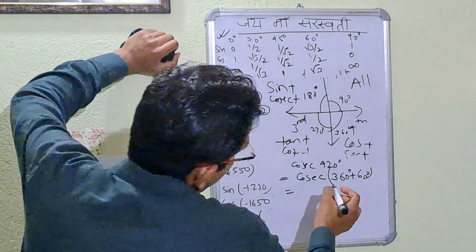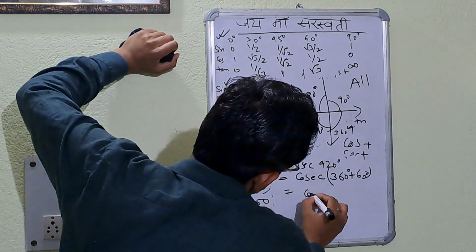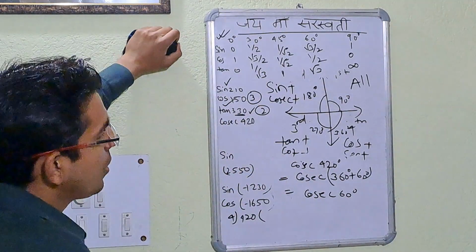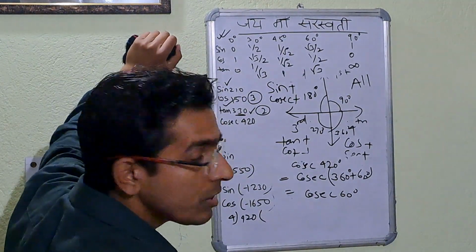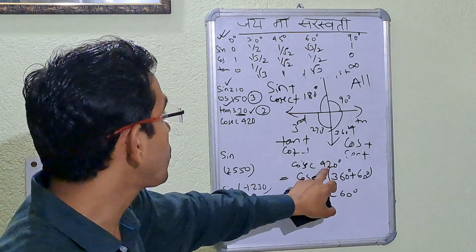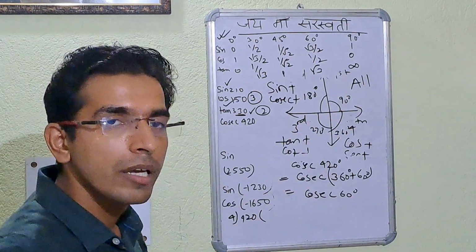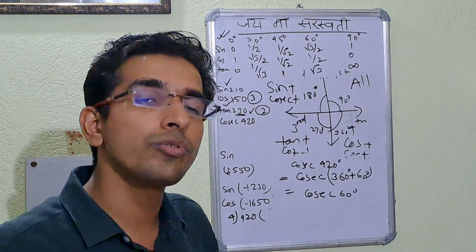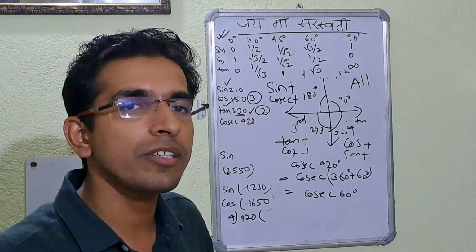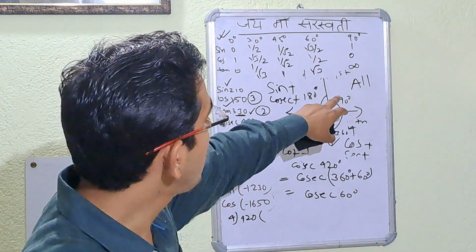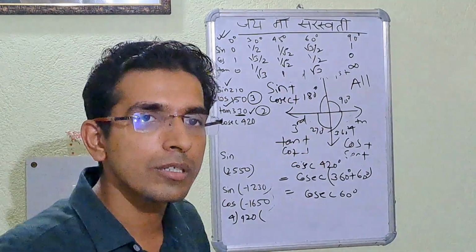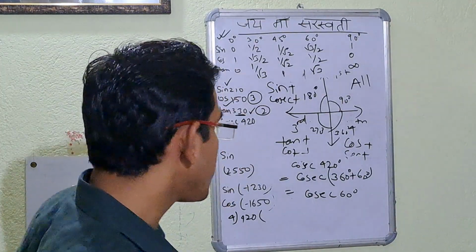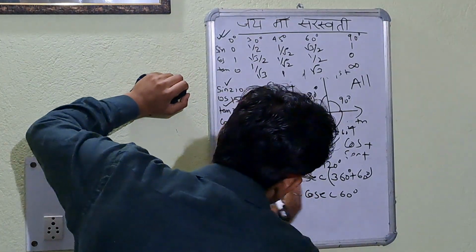So cosec 360 degree will remain cosec only. Understood? Now we have to check cosec 420 degree. Up to 360 degree is covered up to the fourth quadrant. Whenever it crosses 360 degree, it comes in the first quadrant, and in the first quadrant all the trigonometric ratios are positive. So it will be plus cosec 60 degree.